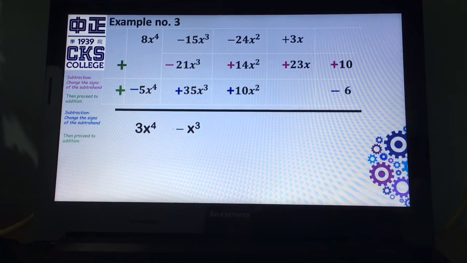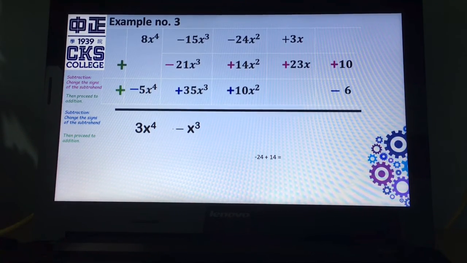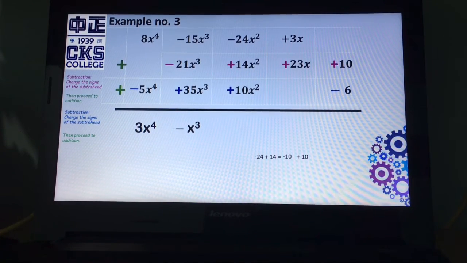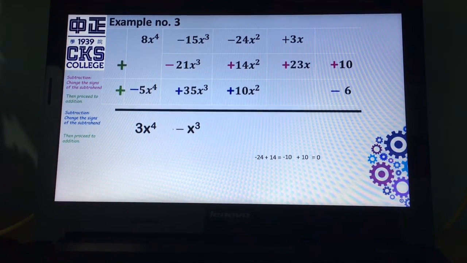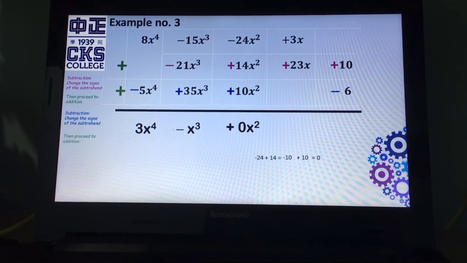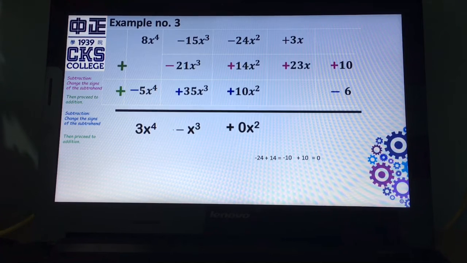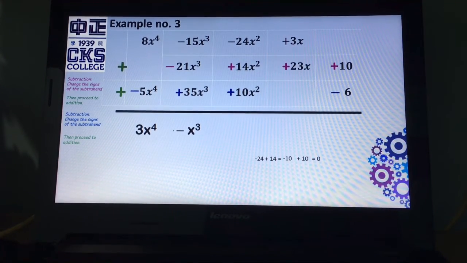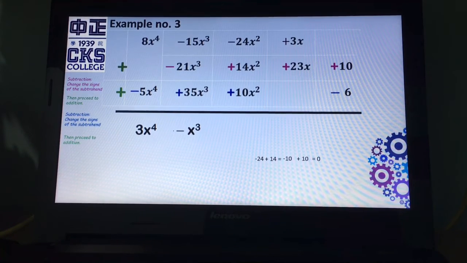Then we proceed. Negative 24 plus 14 will give you negative 10. Plus 10 will give you 0. So this will become plus 0x squared. So 0x squared is the same as 0. So you will just leave it blank.